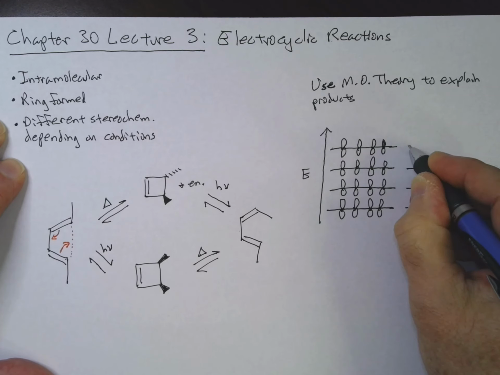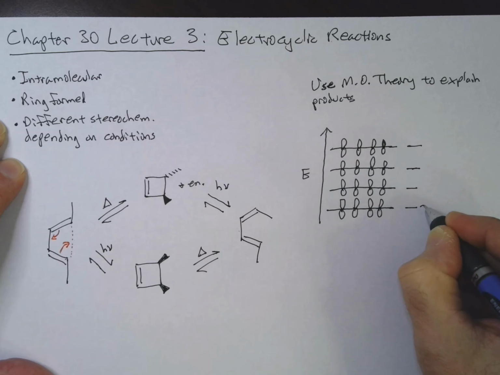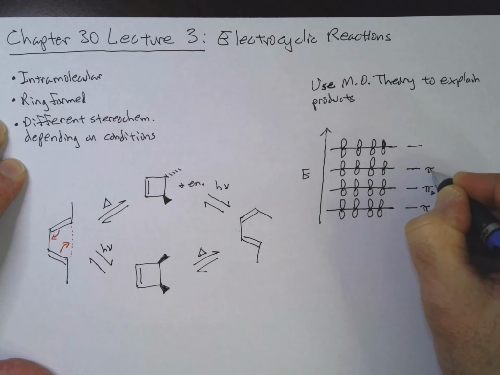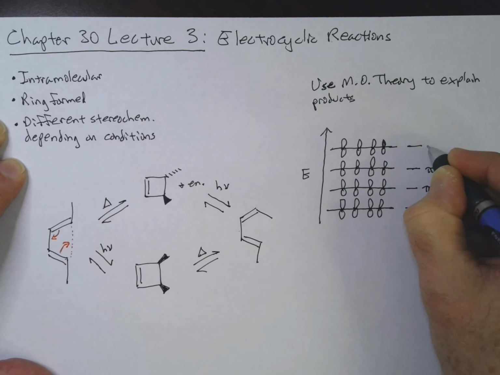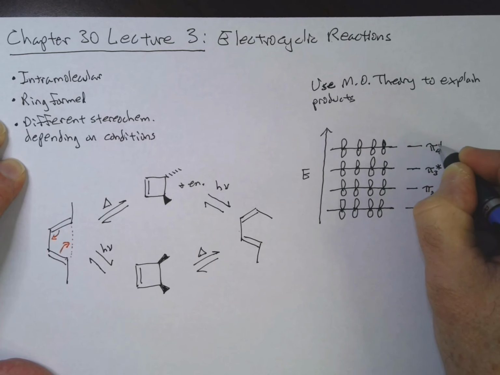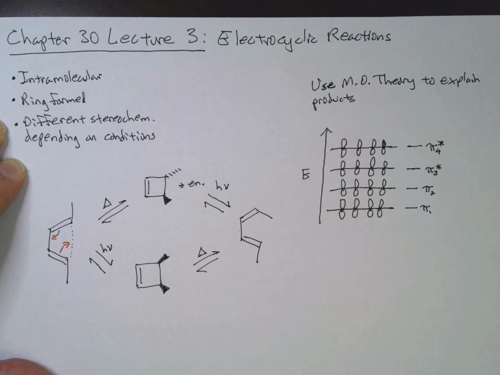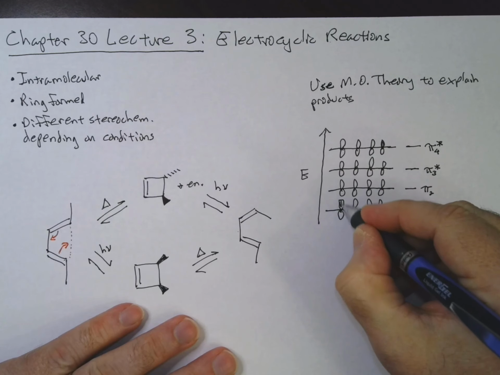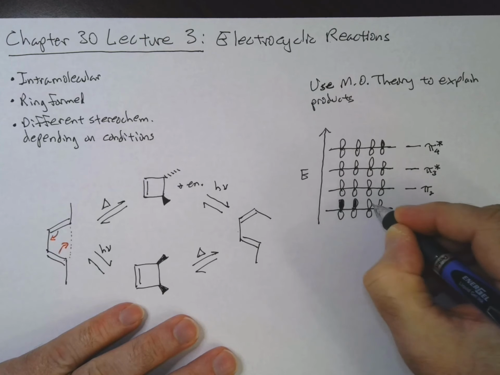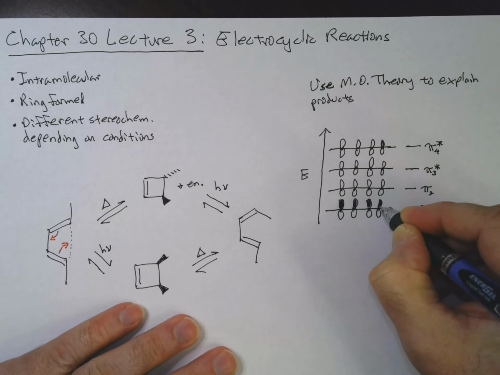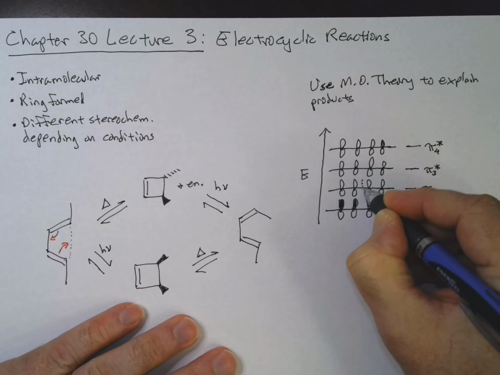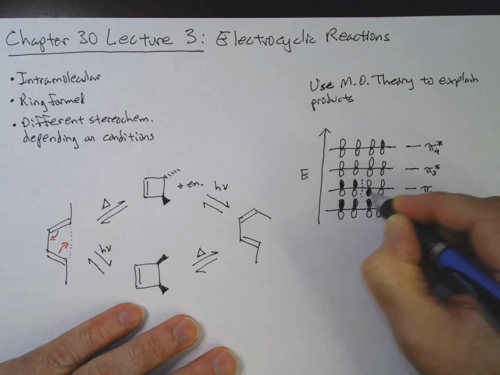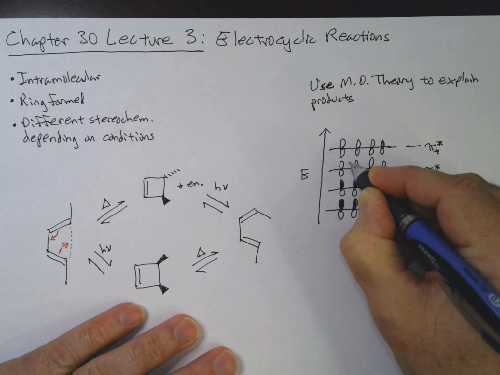All right. So this is actually like drawing the molecular orbitals for a diene like we did for the Diels-Alder reaction. Our lowest molecular orbital, everything is the same phase. That's pi 1. And then pi 2, we've got one node, so we'll have one phase change there.